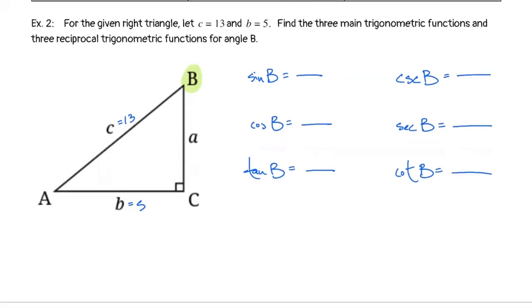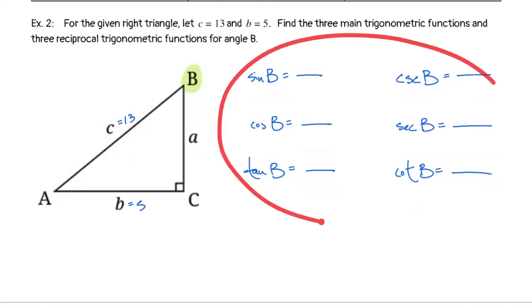All right, so I think given the information we have right now, we only know 2 of these 6 values. Which 2 do we know? Which 2 of the trig functions do we know?